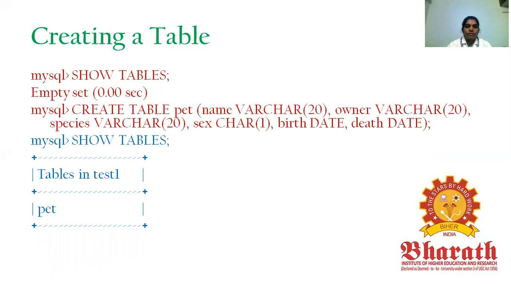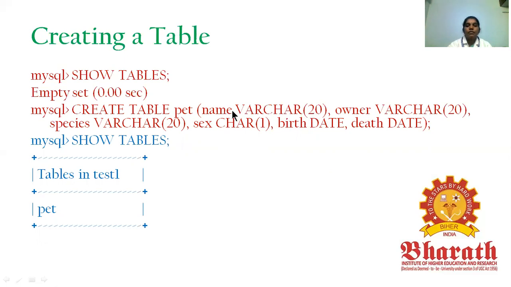And see the next one, create table pet, name varchar 20, owner. What is this? This is the statement to create a new pet table. Create table is a keyword, followed by the name of the table. Whatever name you can give, but always give a related, meaningful table name.